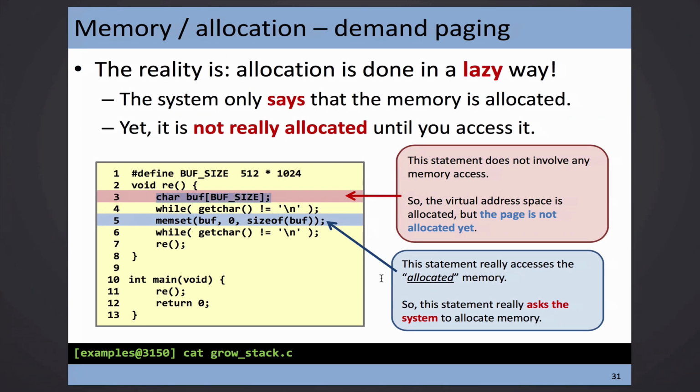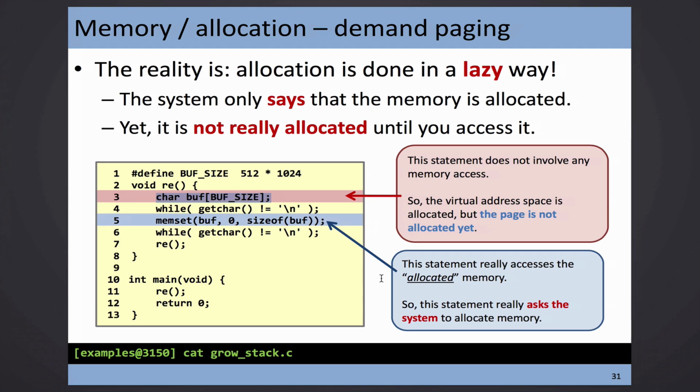So let's take a look at the program first. The program is now growing based on paging, right? Whenever I open up a new stack space by calling recursion, that means I need that virtual address. So I will grow my virtual address consumption, but whether that virtual address consumption will map to a physical page, that's the question.